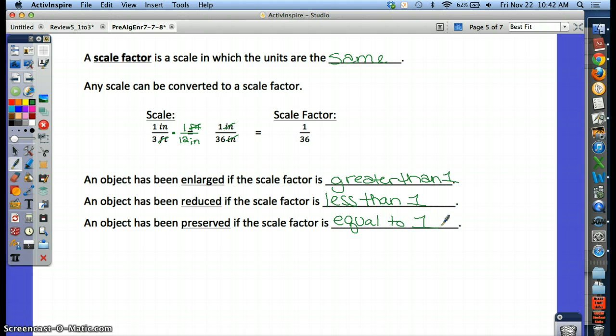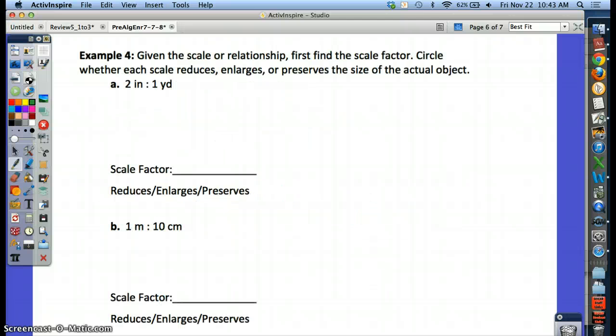So the last thing we're going to talk about today is checking the scale factor and see if it reduced or enlarged or preserved. So given the scale or the relationship, find the scale factor and then circle whether the scale reduces, enlarges, or preserves the actual object. Remember, to get the scale factor, you're canceling out your units.